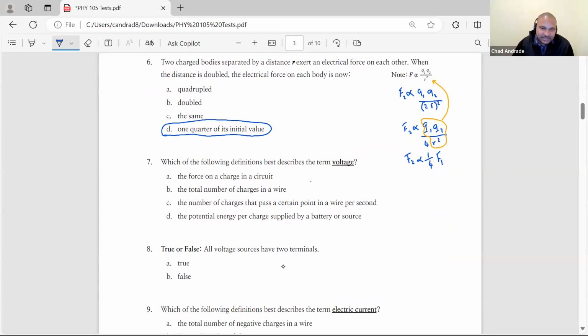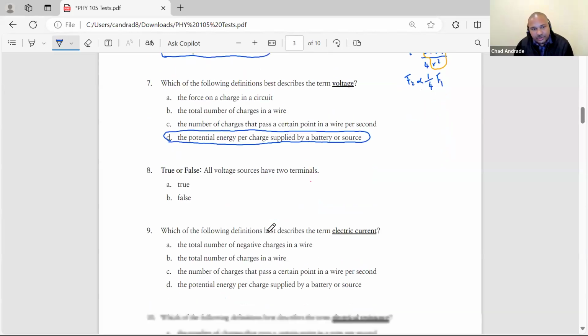All these definitions sound as if they could potentially be true, but there is one correct definition, which has to do with energy. It's the energy per charge supplied by the battery or source. That's one helpful thing right there. So it is D, the potential energy per charge supplied by the battery or source.